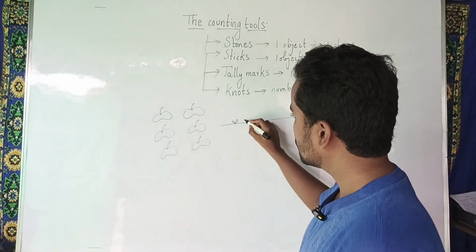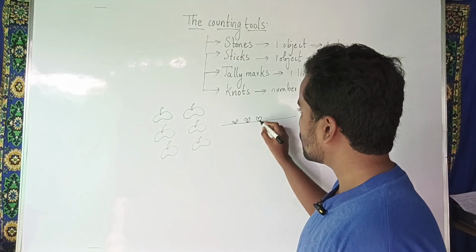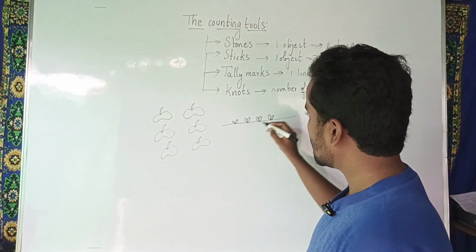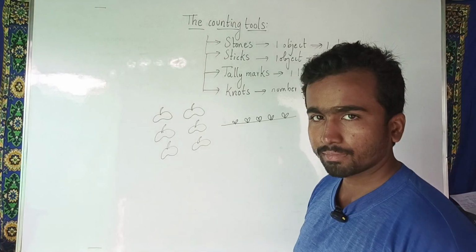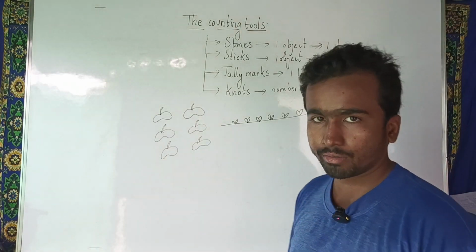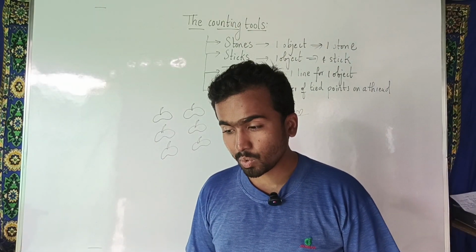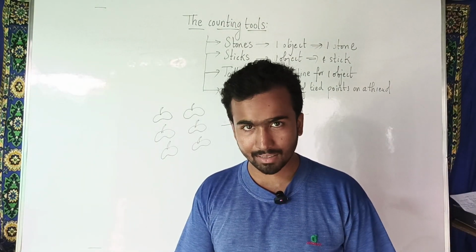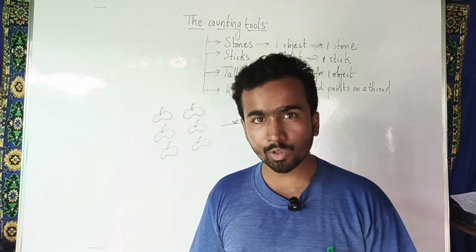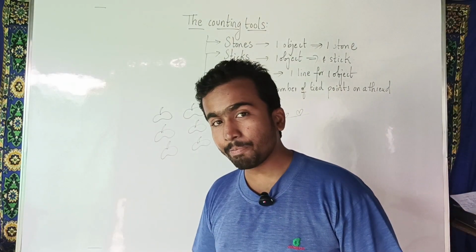For this apple, one knot. For this apple, one knot. For this apple, one knot. For this apple, one knot. And for this apple, one knot. It's like whenever we wear shoes, we make knots, right? For a shoe to be fixed to our legs, the same process.